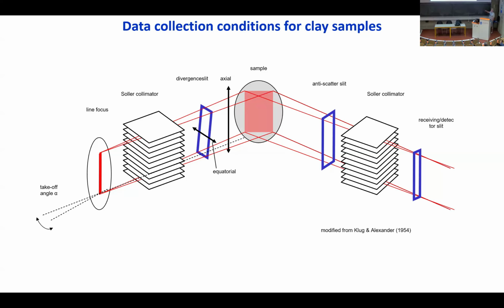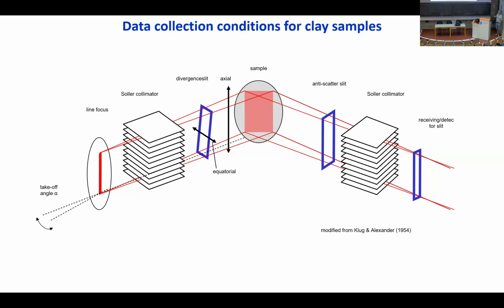And you are able to play with these three blue slits to decrease or increase the breadth of your diffraction peaks. If you are measuring quartz powder, it's clearly interesting to try to reduce the opening of these slits, to improve as much as possible the resolution of your instrument and to get as little as possible what we call instrumental broadening, due to the wavelength distribution at first and then due to the opening of these slits.